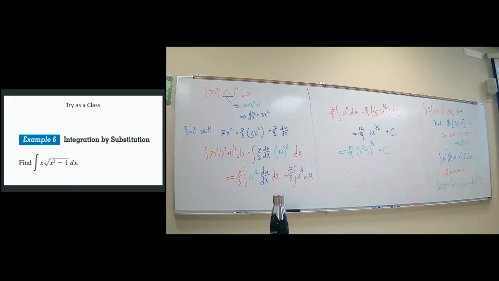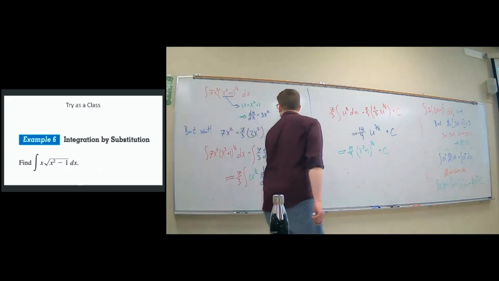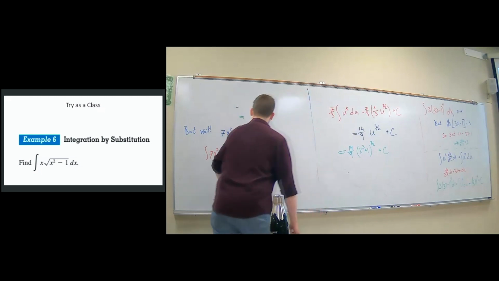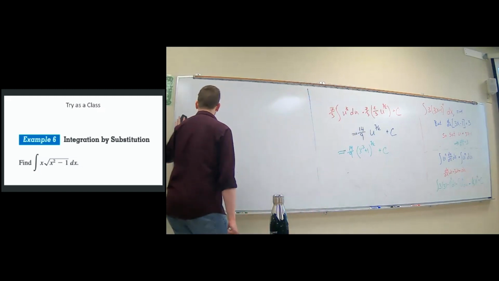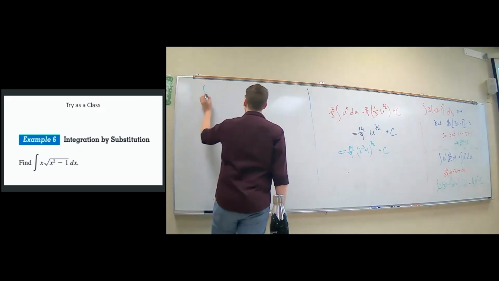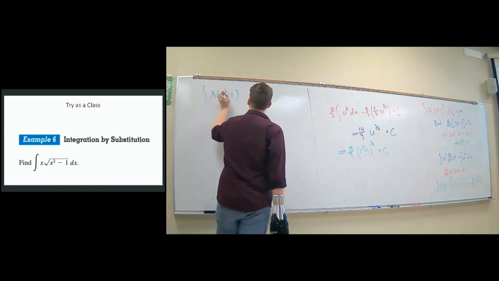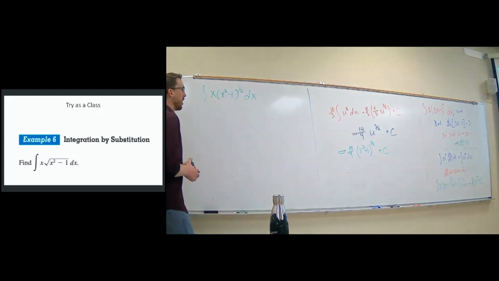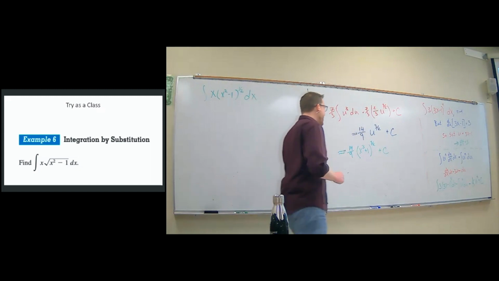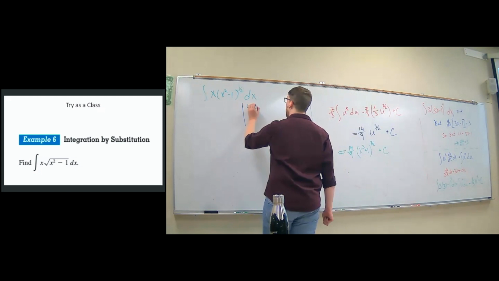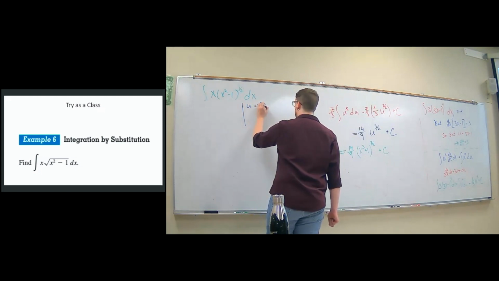Now, to do that in practice, what we've got: start off with this integral, x times the quantity x squared minus 1, all raised to the 1/2 power, dx. I'm going to try to set u equal to x squared minus 1.